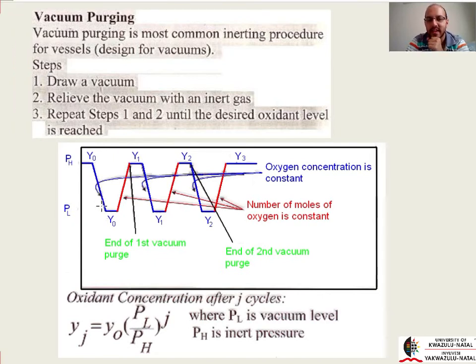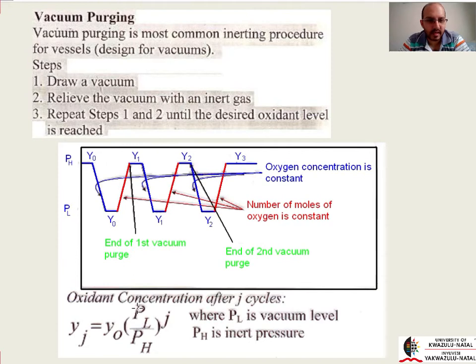Okay, so you have that vacuum down to, so this is your vacuum pressure here. And then you inject an inert gas. At this point, your exit valve is closed, so your amount of moles of oxygen is not changing, but the concentration of oxygen in that air pocket is decreasing. Okay, and you repeat the cycle over and over again until you have a desired low oxygen concentration that's much lower than the limiting oxygen concentration.